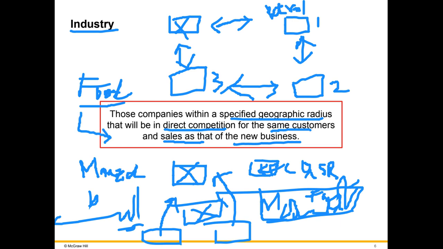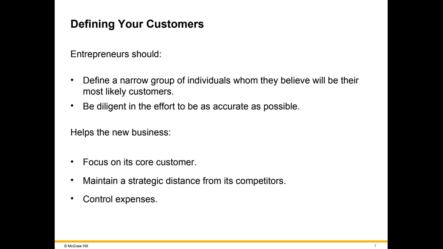Now, how would we define our customers? Because this is tricky. You see, BMW is also offering a car, and Toyota is also offering a car. Are their customers the same?